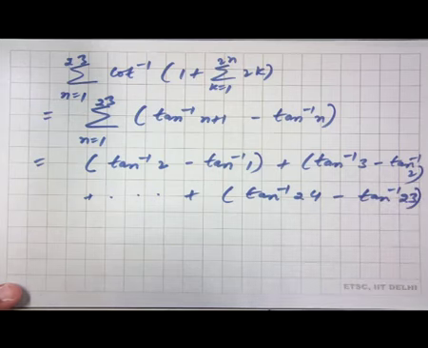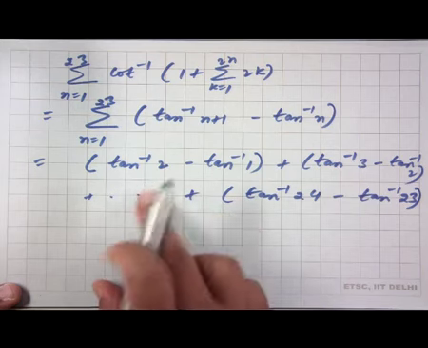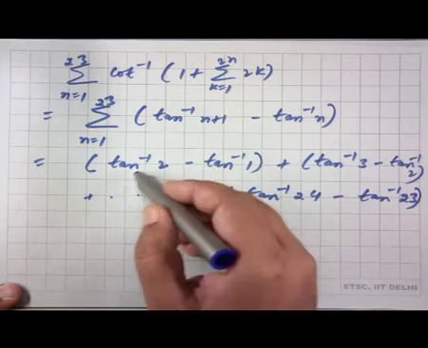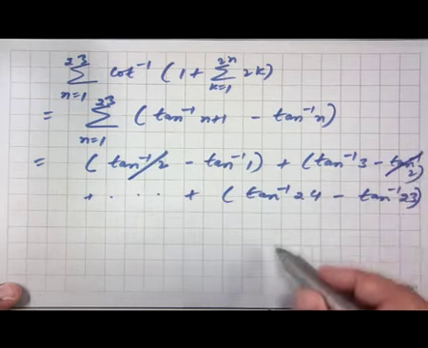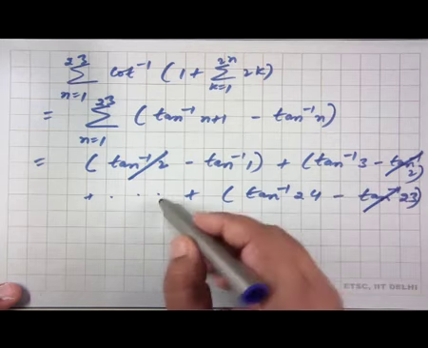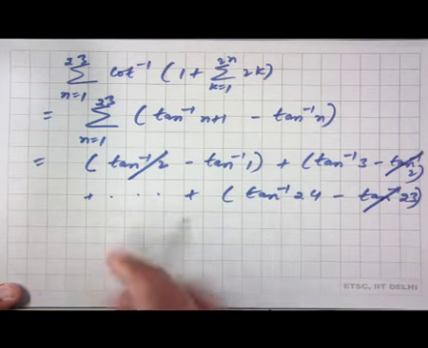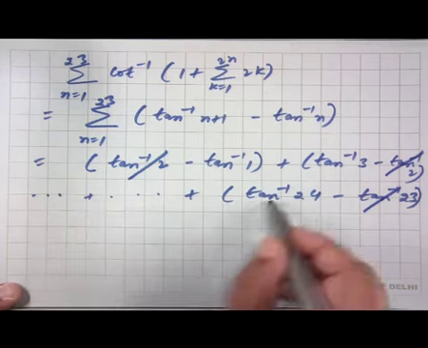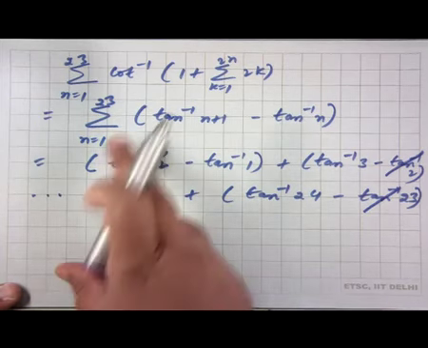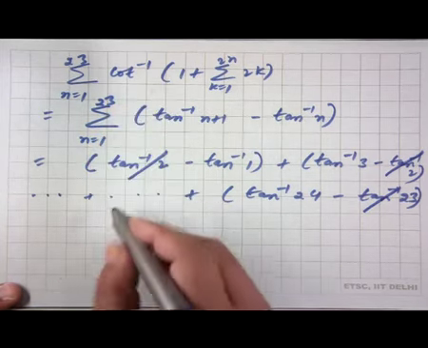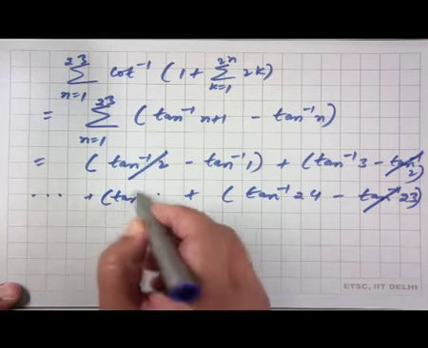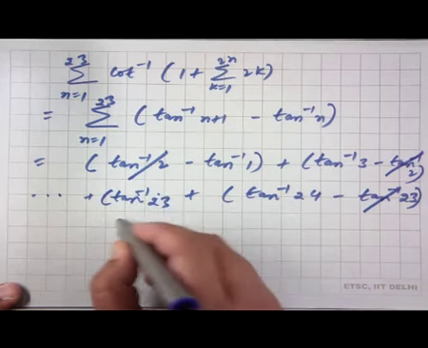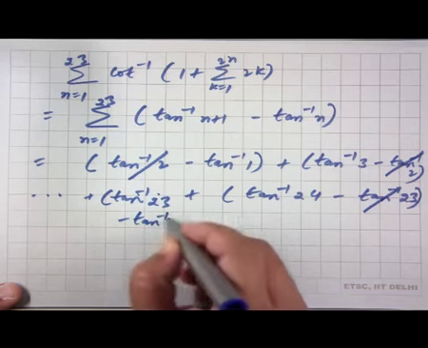But what we are going to see here is that there is going to be a lot of cancellations. For example, tan inverse 2 will get cancelled here, and similarly tan inverse 3 will get cancelled, because the just previous term, the 22nd term in the summation, is going to be tan inverse 23 minus tan inverse of 22.